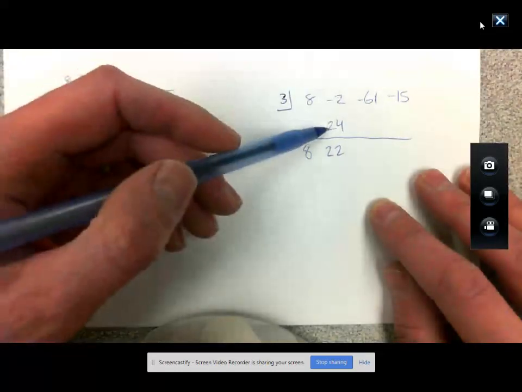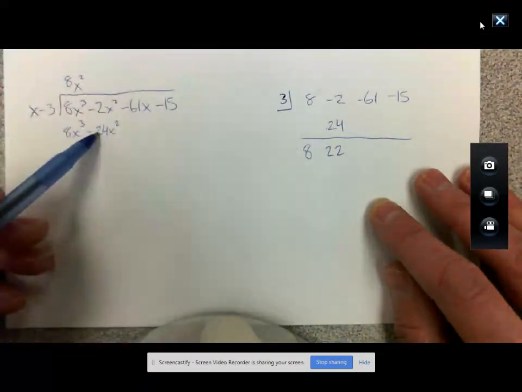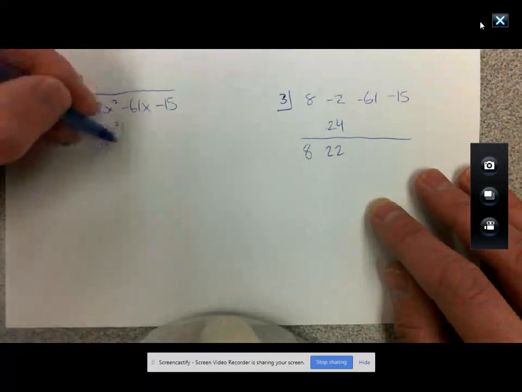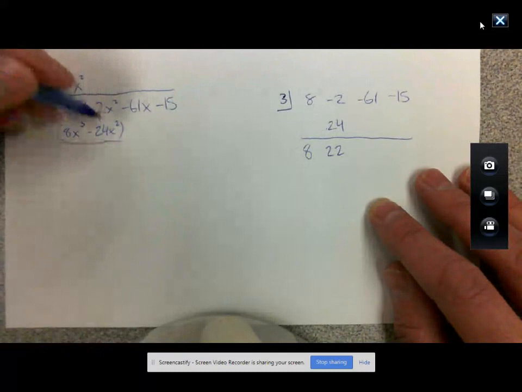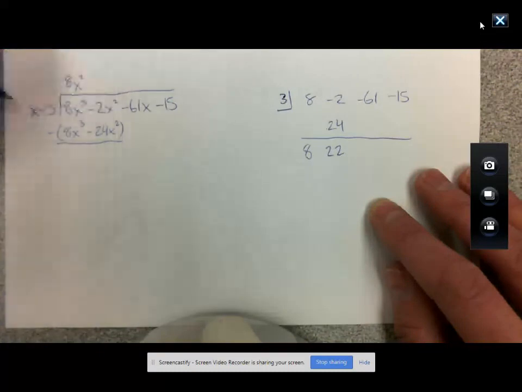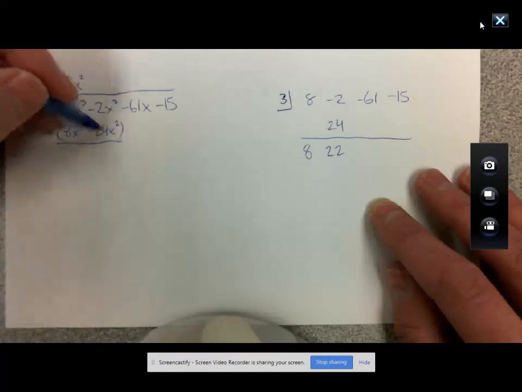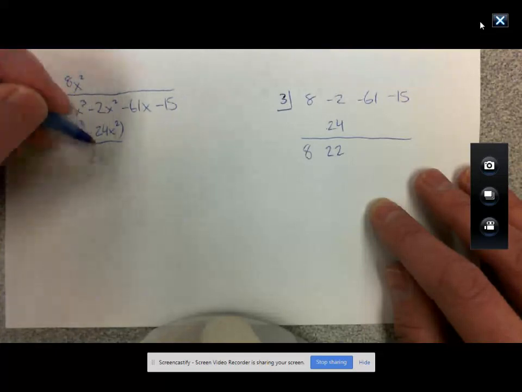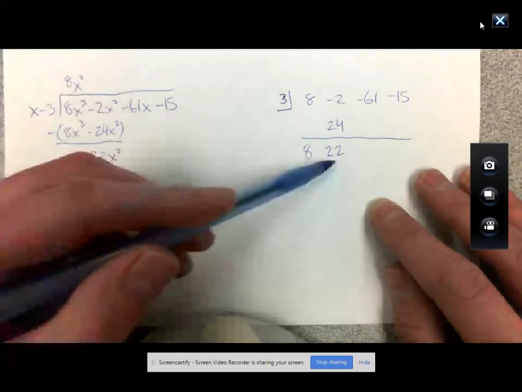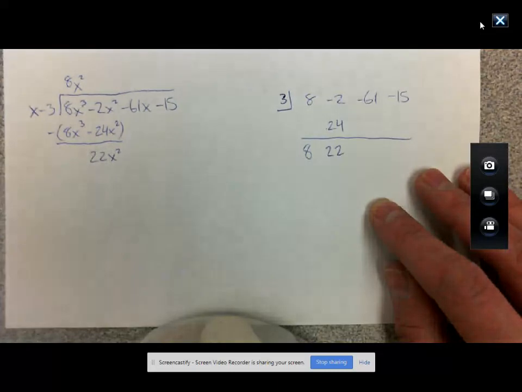Here's that 24 popping up right there. If I subtract, 8x cubed minus 8x cubed is 0. Negative 2x squared minus a negative 24x squared: subtracting a negative is like adding, so I get 22x squared. Hey, there's that 22. So these numbers are not coming out of nowhere.